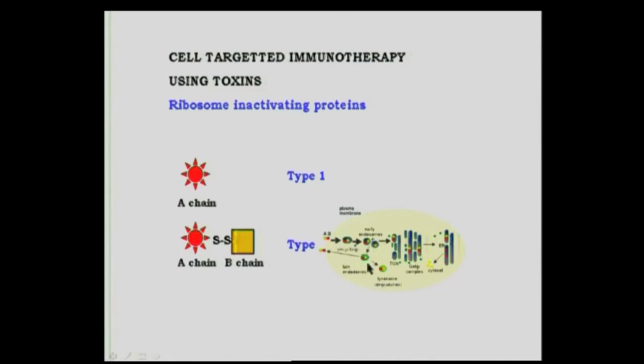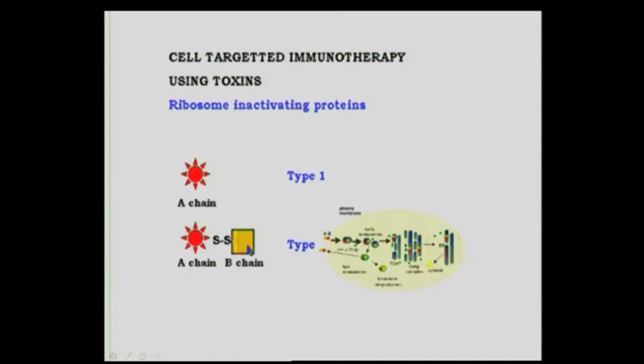A few molecules escape the regular pathway, the lysosomal degradation, and they go through a retrograde transport where the molecule goes first to the Golgi and then to the endoplasmic reticulum. Here there is cleavage between A and B chain, because there is a single disulfide bond which gets cleaved in the ER.